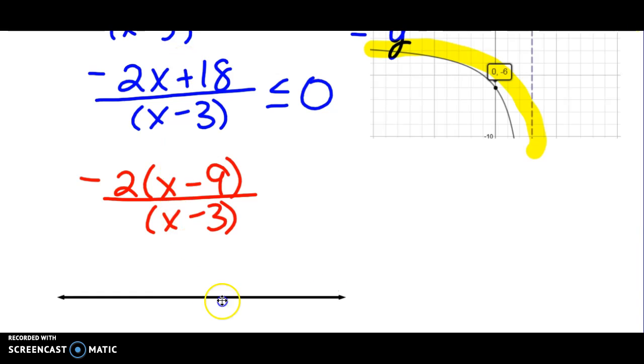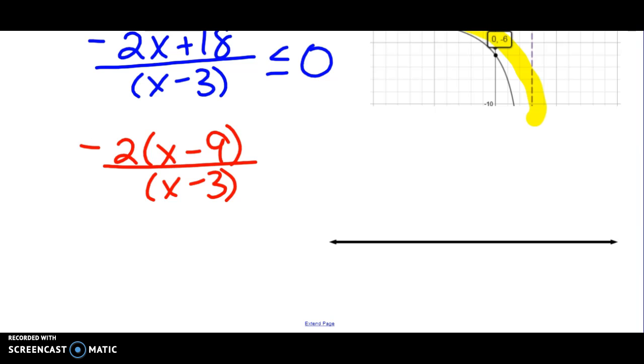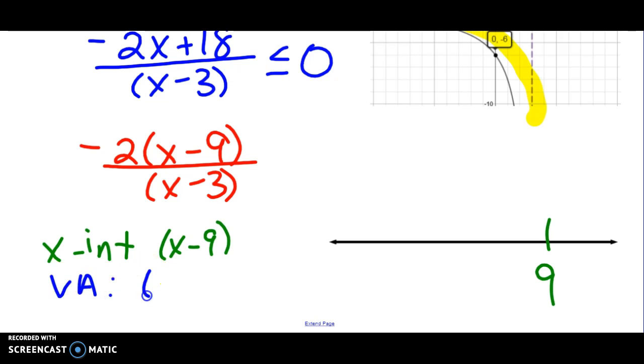We now see that we have an x-intercept where there's a factor of x minus 9, so we would put a 9 as a critical value. And we have a vertical asymptote from the factor of x minus 3, so that is x equals 3. So our two critical values, the places where the signs can change from positive to negative, are 3 and 9.